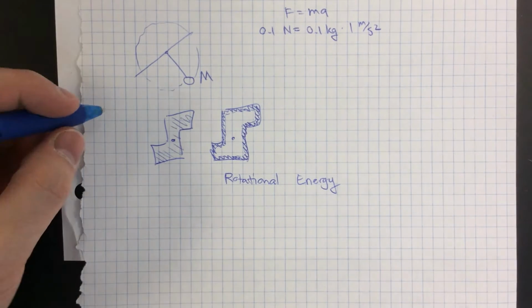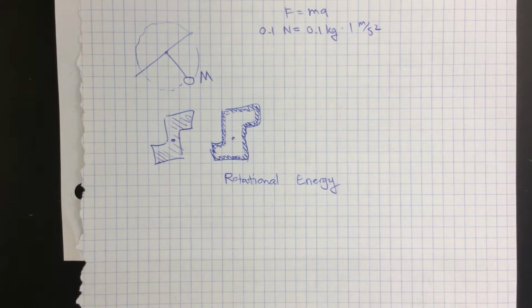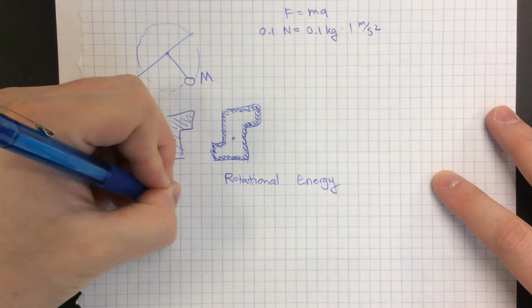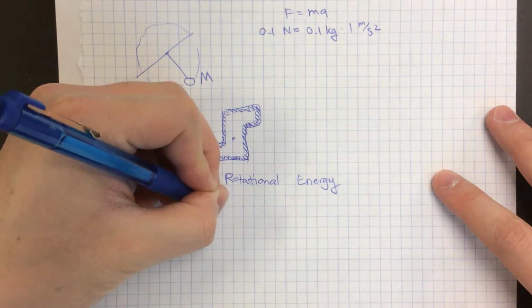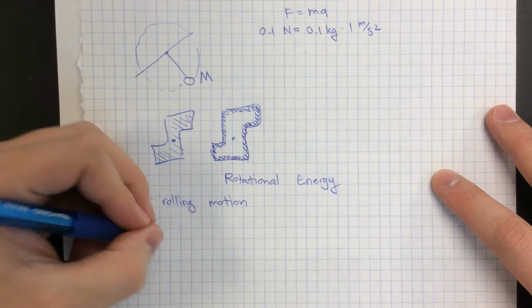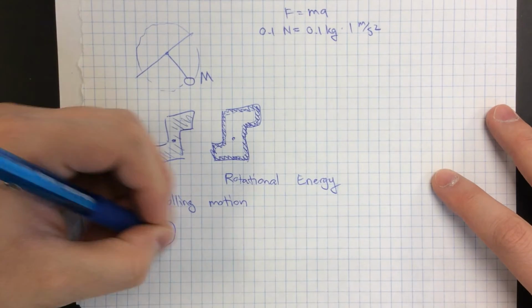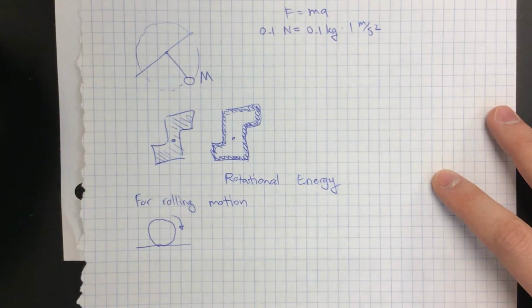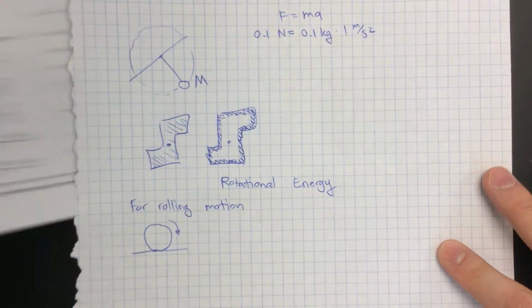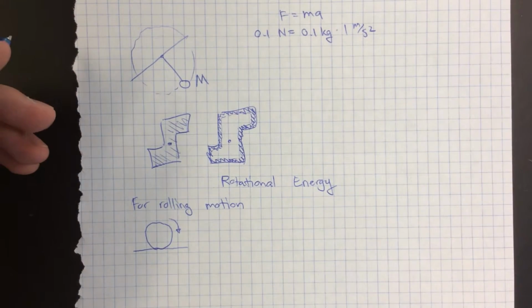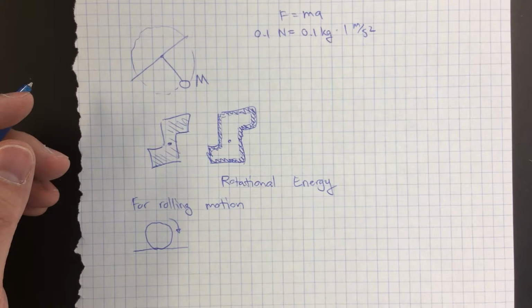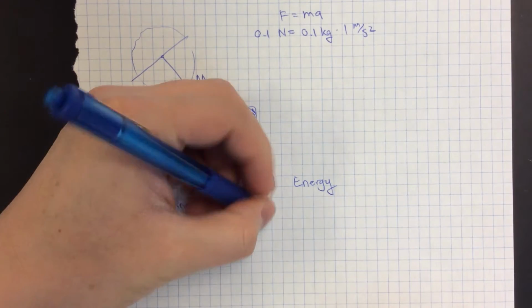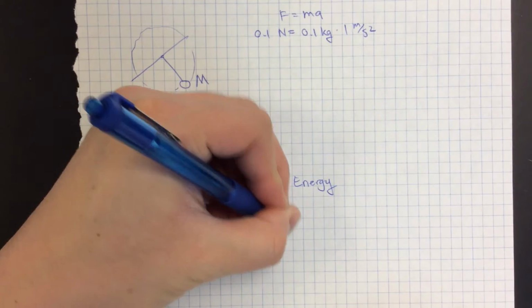Okay. One thing you need to know about rolling motion: there's a particular condition that we often look for, which is that there is no slip.